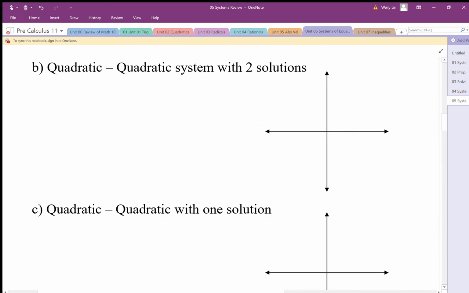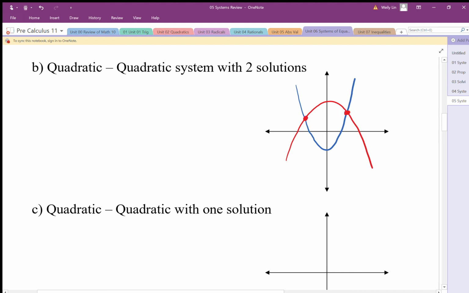So a quadratic system with two solutions might look something like this. Okay, so I have a parabola here, and an easy way to make this have two solutions is we just have an upside down parabola, and then we have two solutions.